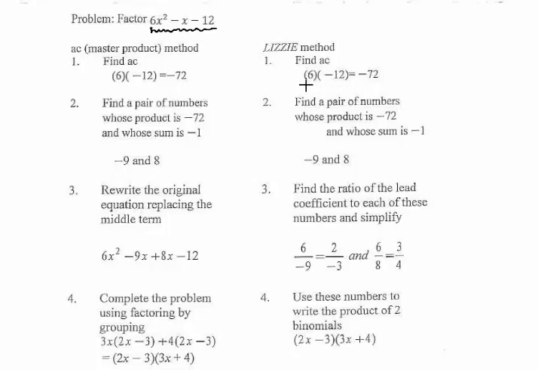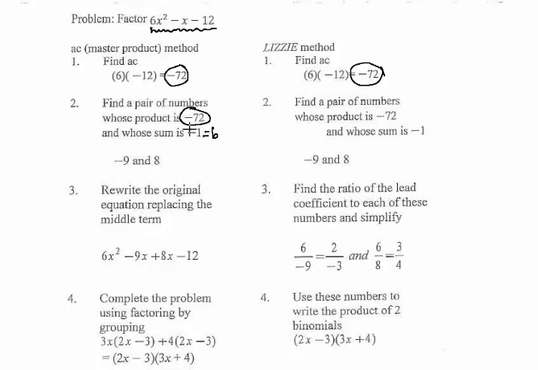So either method, 6 times negative 12, and we get negative 72. Now, in the second step for both methods, we factor the negative 72 and check to see which pair of numbers adds up to give us negative 1.